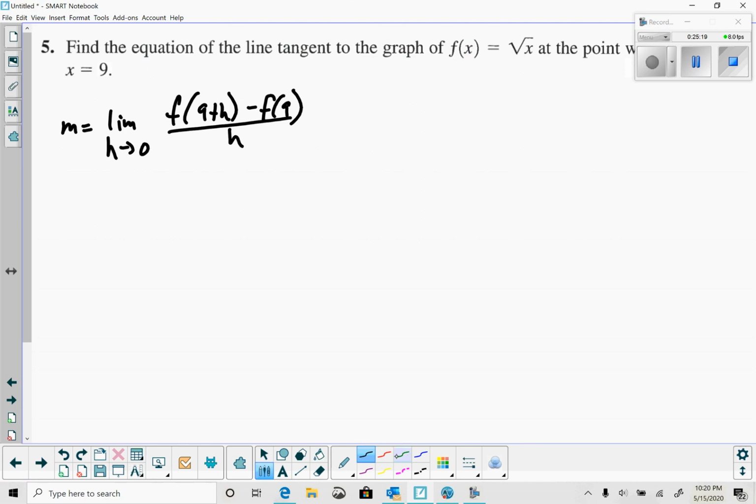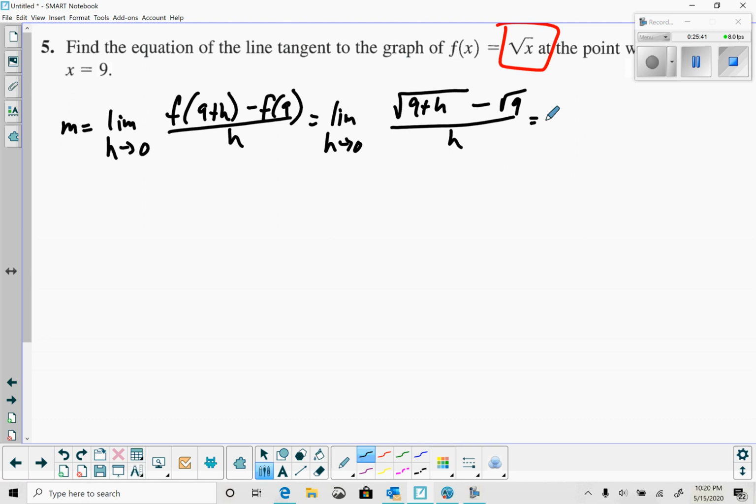So in this case, since our lovely function here is f of x is equal to square root of x, this is the limit as h approaches 0 of square root of 9 plus h minus square root of 9 over h, which of course we can simplify.